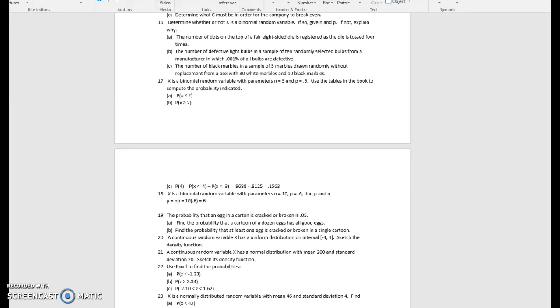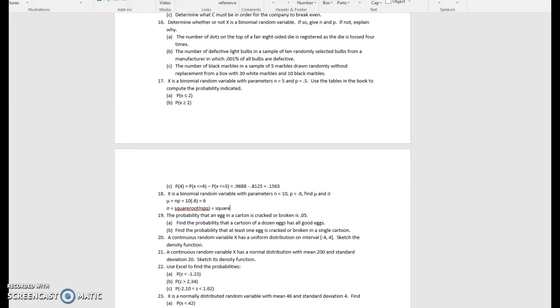And then our standard deviation, okay, let me pull up the symbol here, is equal to the square root, I'm just going to do this for the sake of time, the square root of n times p times q. Now q, recall, is 1 minus p. So for this instance, 1 minus 0.6 is going to give us 0.4.